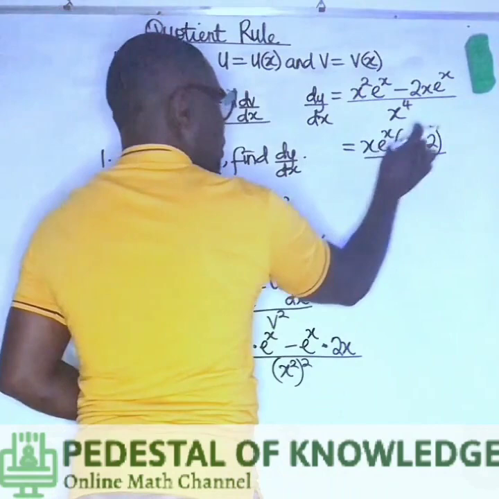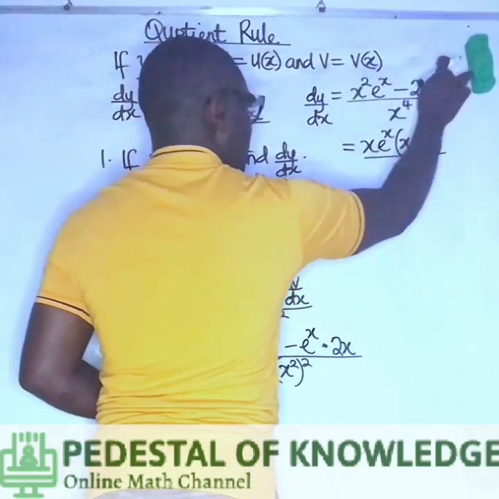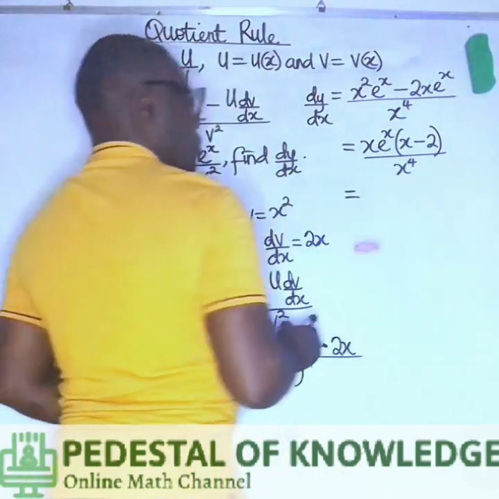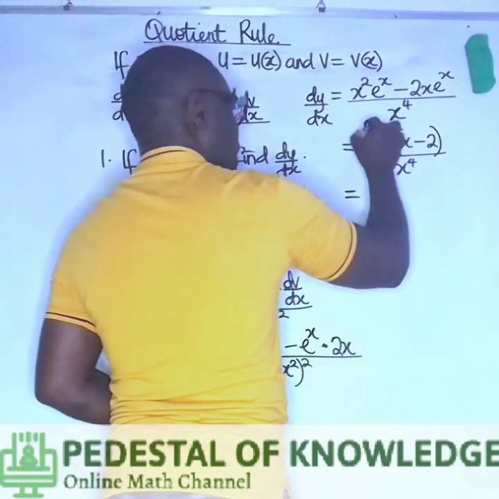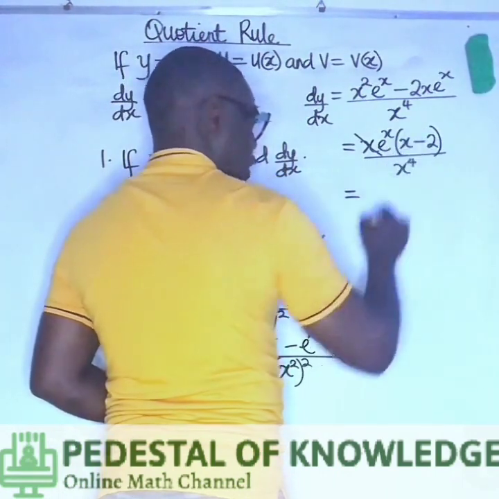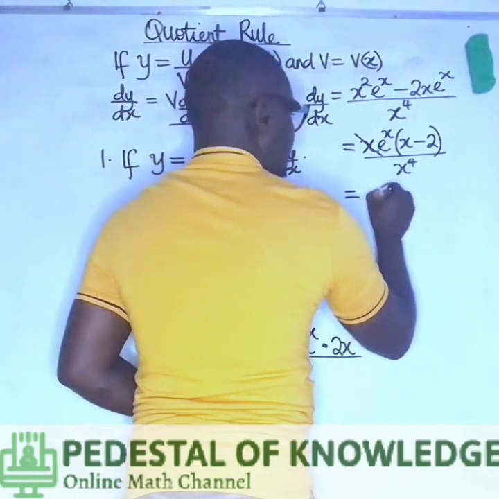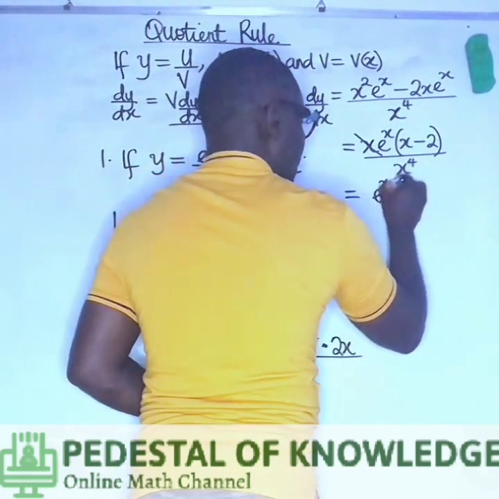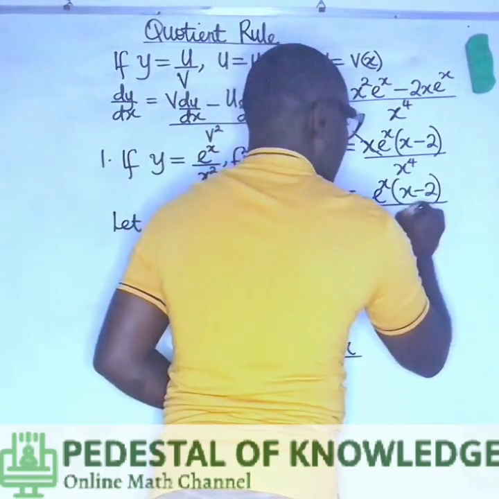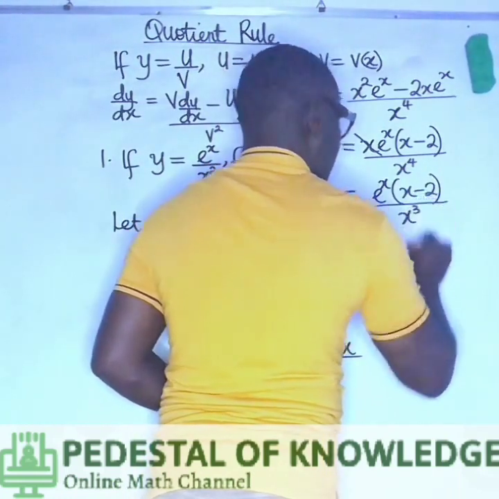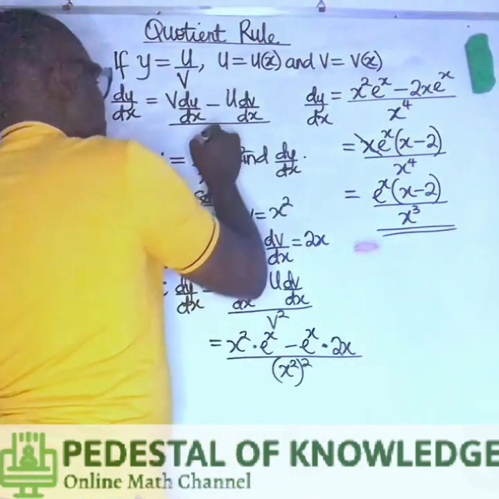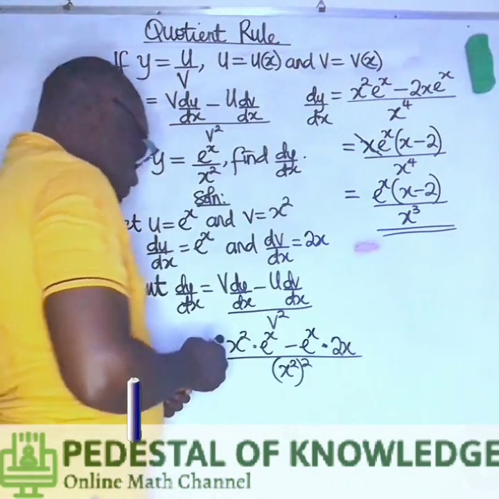Because when we use this to multiply everything inside the bracket, we are still going to get back this. And finally, dy/dx is equal to, now this x here, we cancel one of the x here. So what is left here now is x raised to power 3. So our result now is e raised to power x into x minus 2 divided by x raised to power 3. And that is the differential coefficient of e raised to power x over x squared.